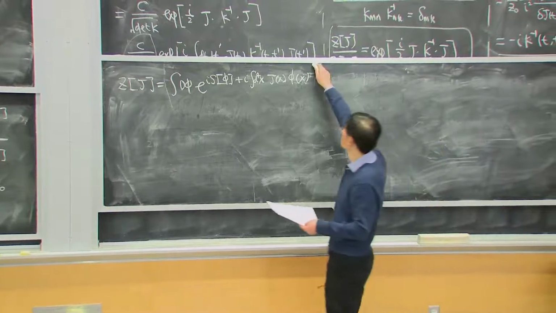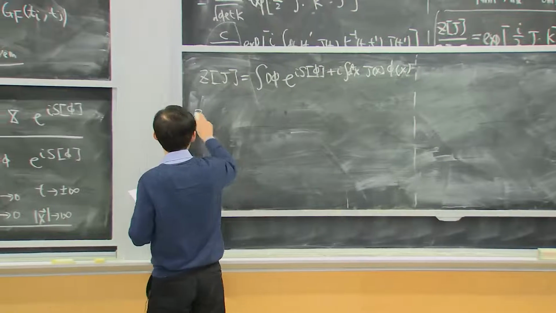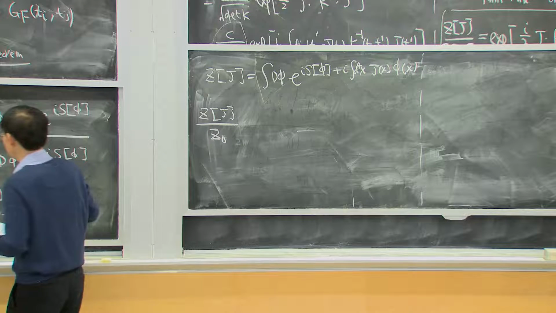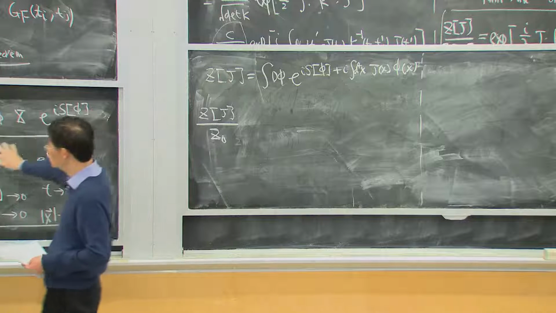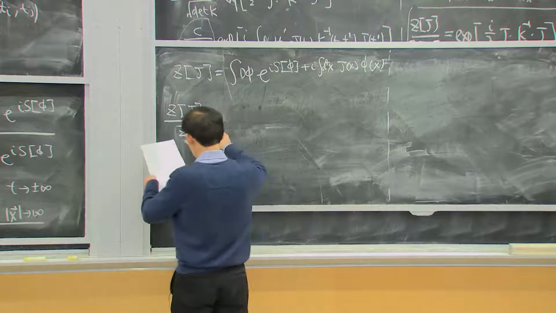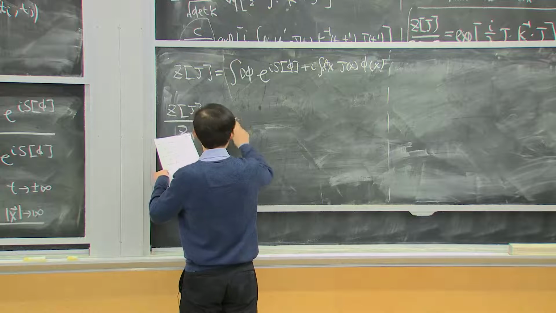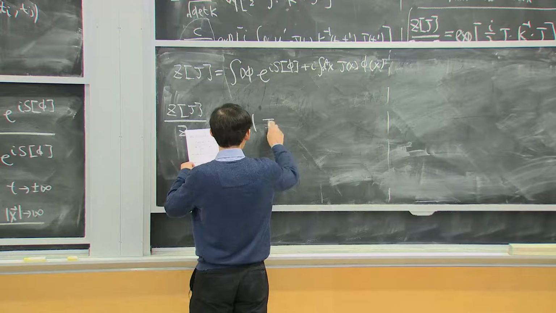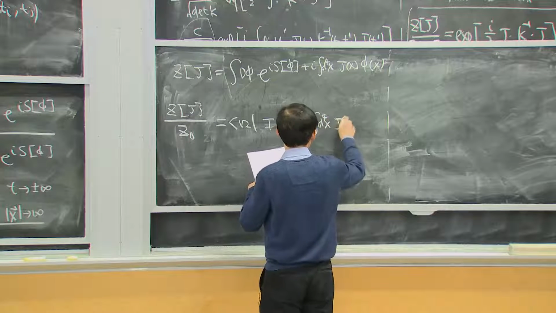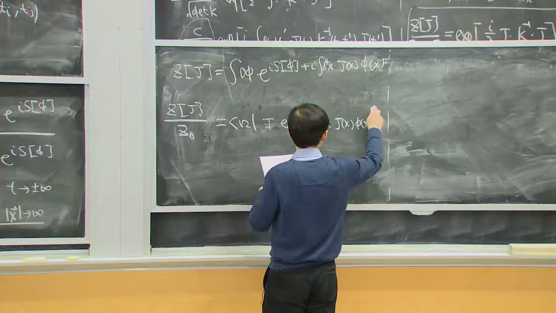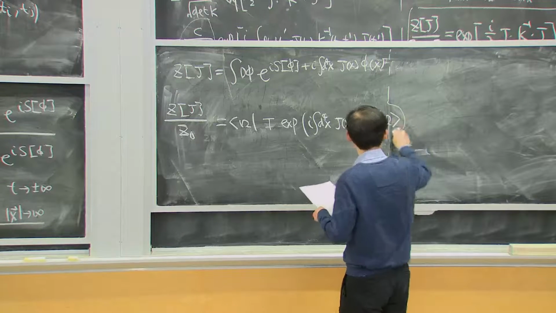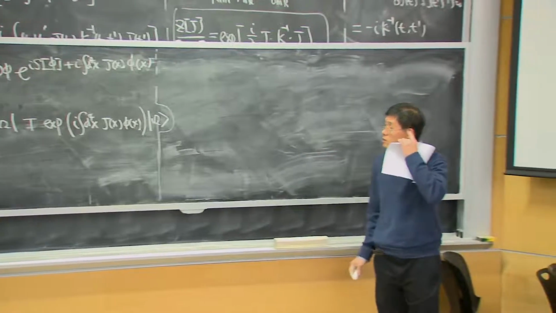And then similarly, Z[J] divided by Z0. We call this Z0, which is again just the integral without any J. Z[J] divided by Z0 is equal to the vacuum expectation value of the time-ordered product of the exponential of i times the integral of J phi.